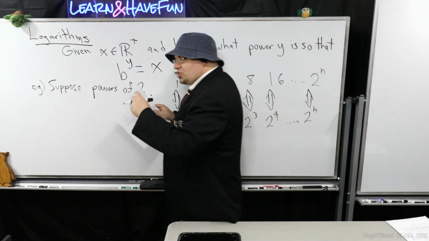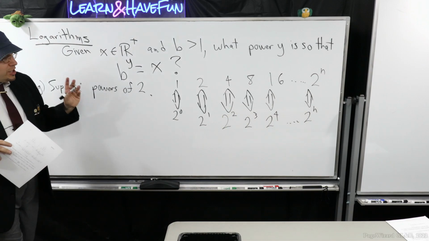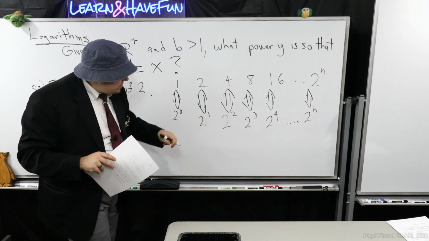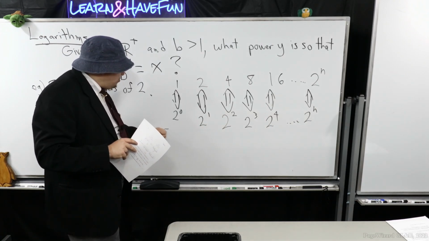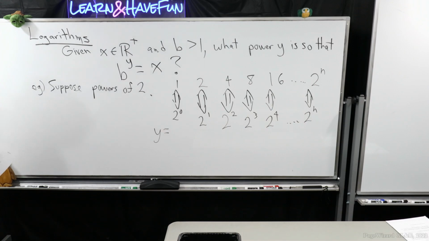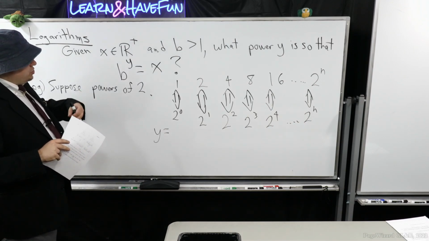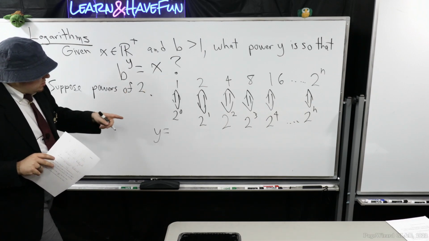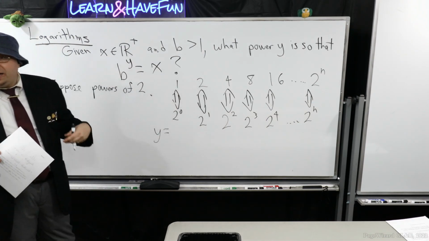If I ask you what should be down here at the bottom if I were to look at this from left to right, what should be y in each one of these cases? I have 2 to the what is equal to 1, 2 to the what is equal to 2, 2 to the what is equal to 4, and so on.